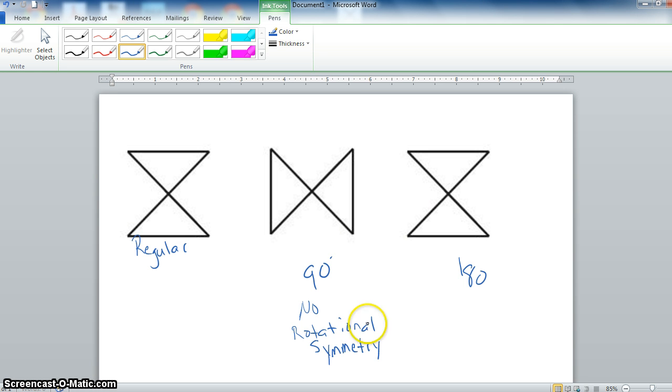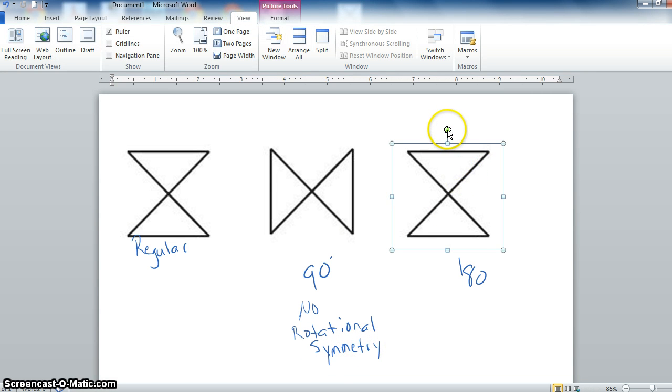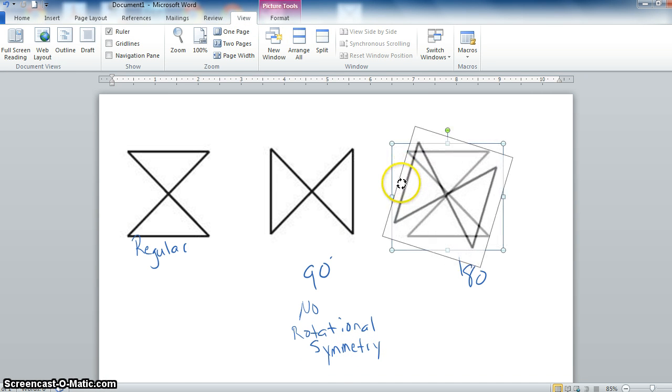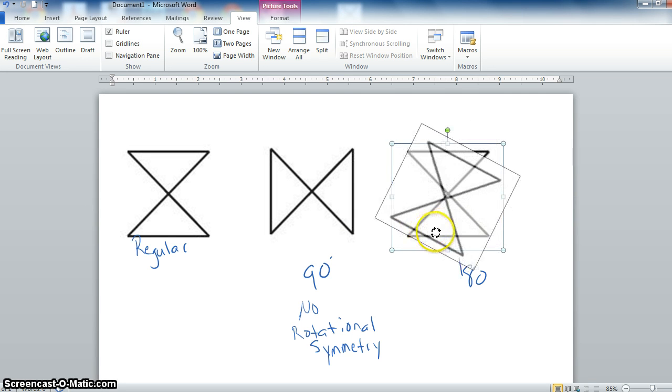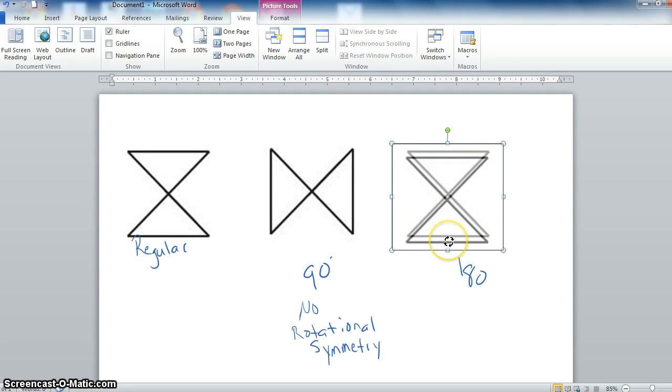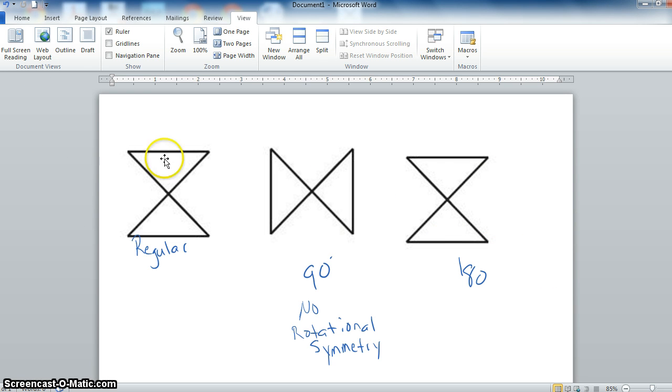Now the 180. We grab the 180 and we go 90 right there and keep on going to another 90, which makes the 180 right there. This 180 looks a whole lot like this one over here.